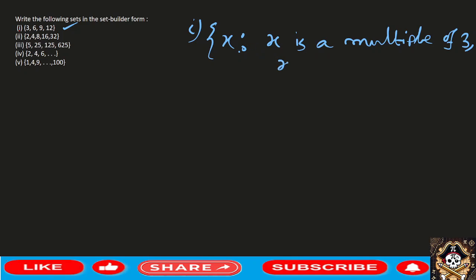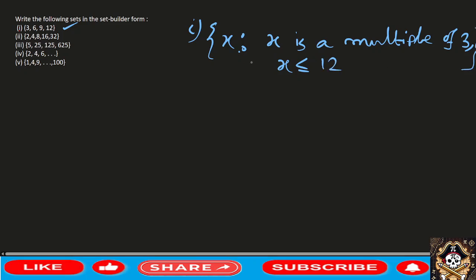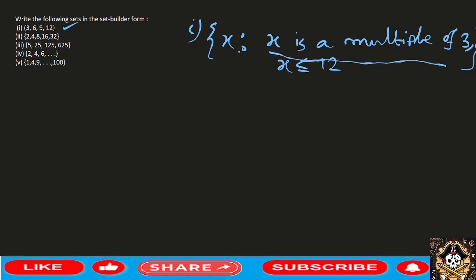We write x lesser than or equal to 12. Now if we see these characteristics here, x is a multiple of 3 and x is lesser than or equal to 12, which gives us this set. Therefore, this is the set builder form of the roster form here.